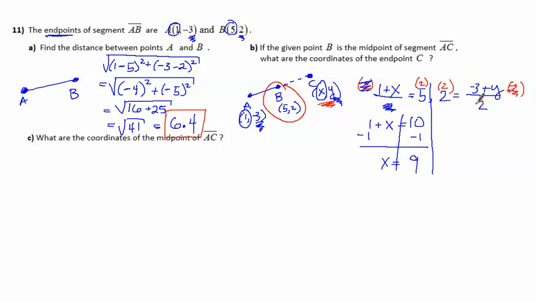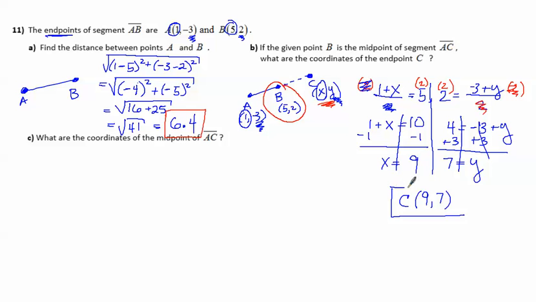Use up this top 2 to cancel out the bottom 2. And then you have 2 times 2, 4 is equal to negative 3 plus y. You add 3 to both sides. And you end up that 7 is equal to y. 4 plus 3, 7 is your y. So the missing endpoint C, the coordinates should be 9, 7. This should be your answer for part C.